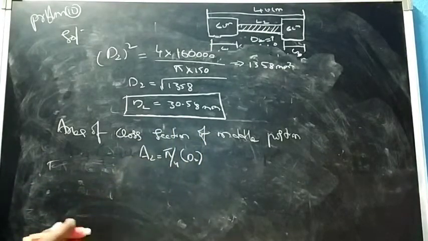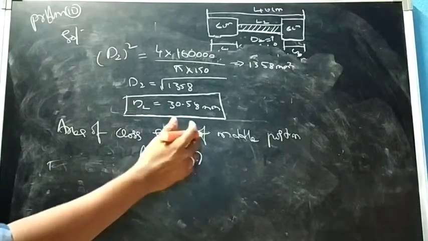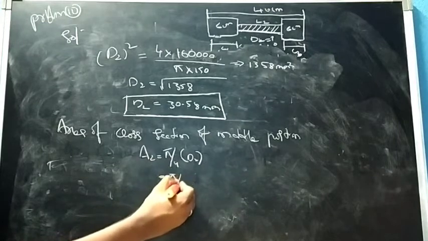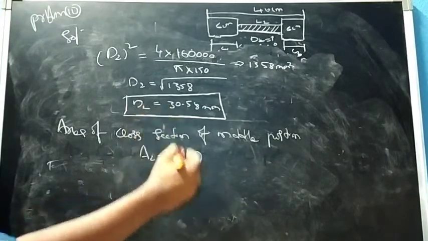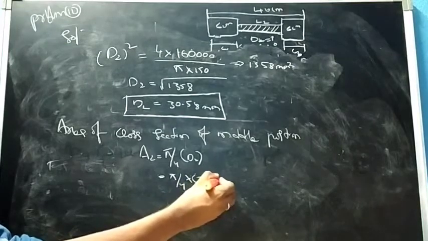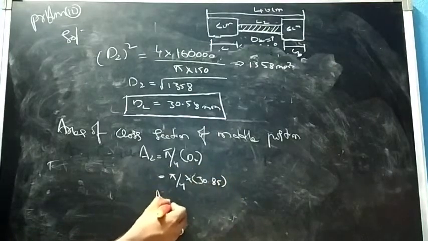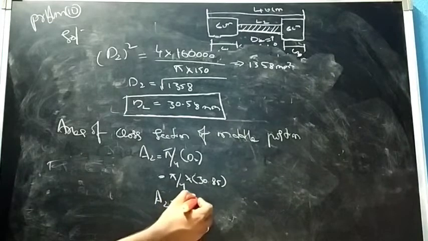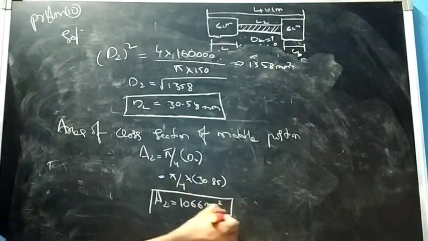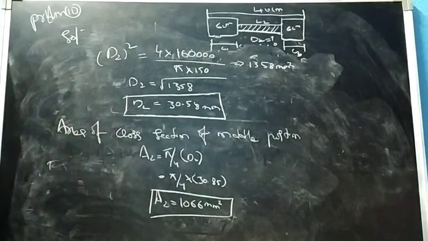Pi by 4 d square. Substitute this value here, 30.85. So we get A2 as 1066 mm square. So we got the area, we got the diameter.